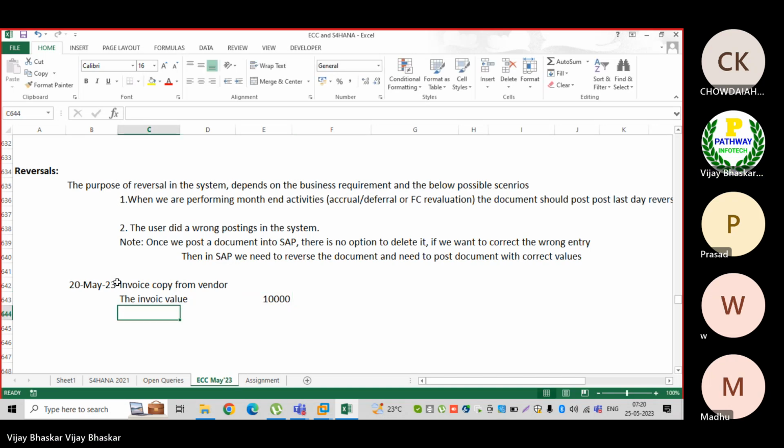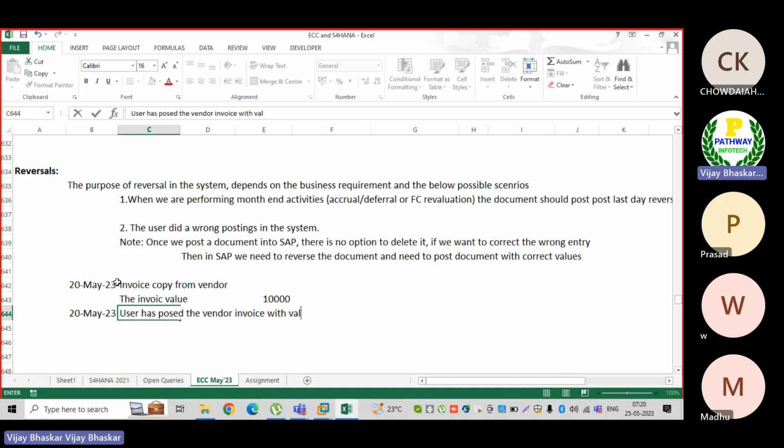But on the same 20th of May 23rd, the user has posted the vendor invoice with a value of 1,000 rupees instead of 10,000 rupees.